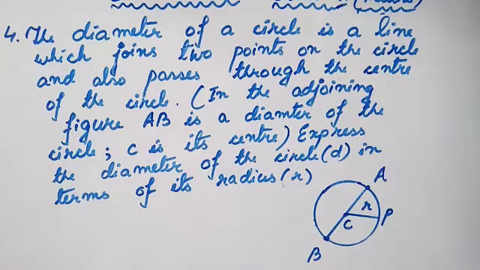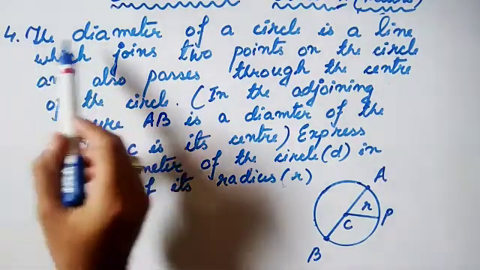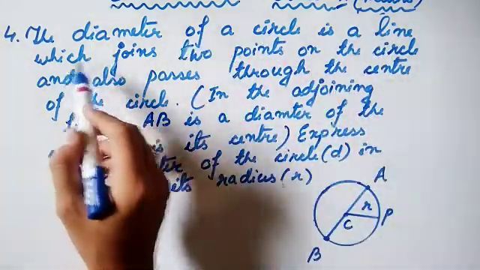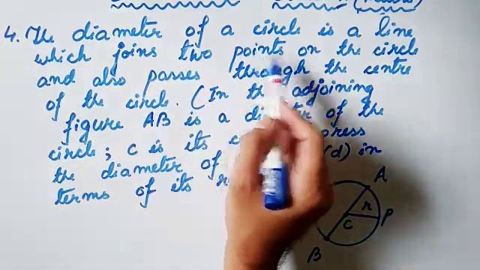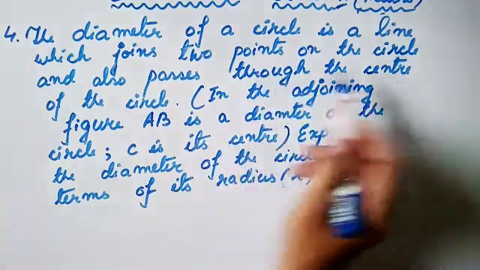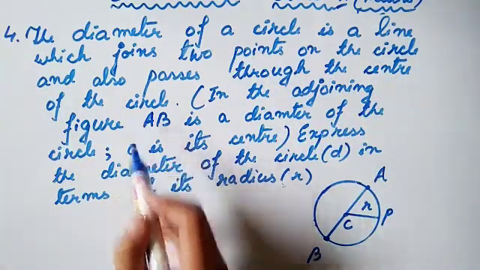Okay then, students, let us read our next question number 4. So it says, the diameter of a circle is a line which joins 2 points on the circle and also passes through the center of the circle. So it is a definition of a diameter.